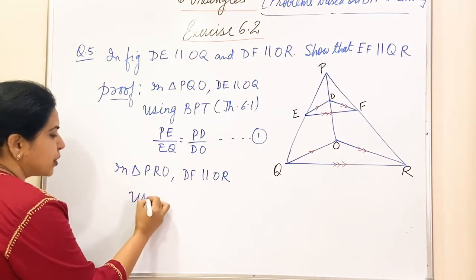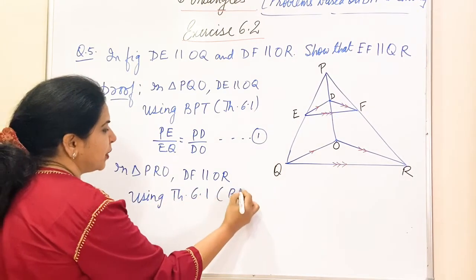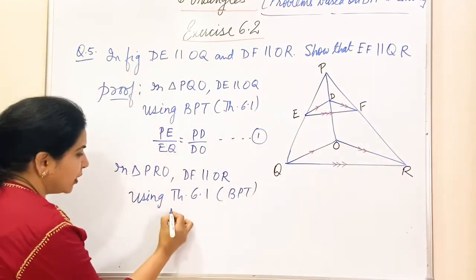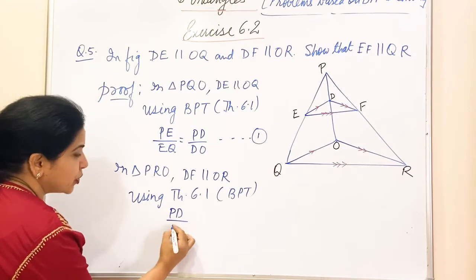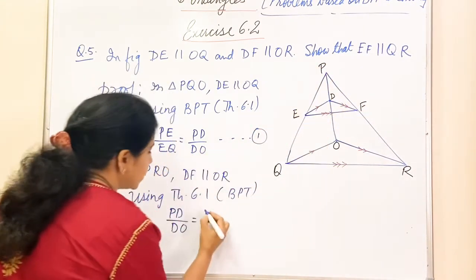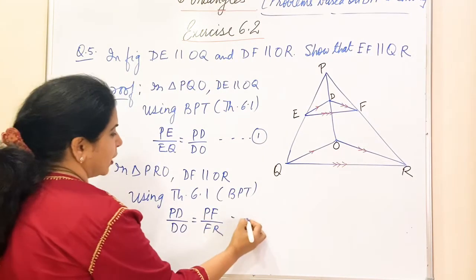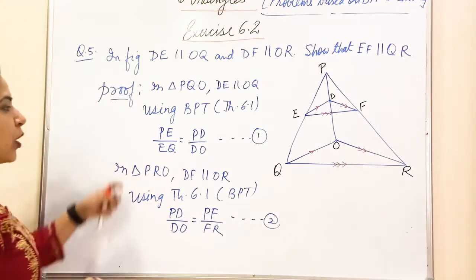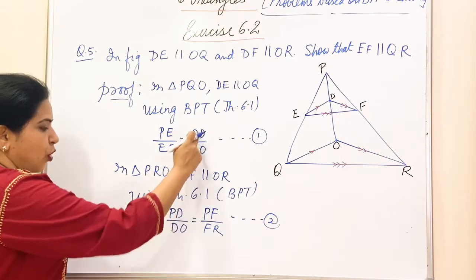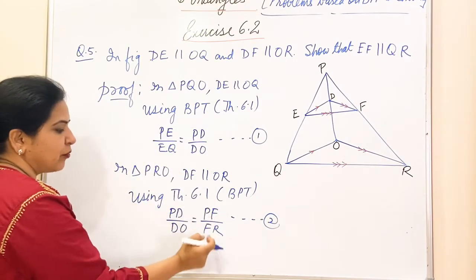So again using theorem 6.1, that is BPT, the sides are divided in this ratio. PD upon DO is equal to PF upon FR. Equation 2. Now compare these two equations. PD upon DO is common in both. So PE upon EQ is equal to PF upon FR.